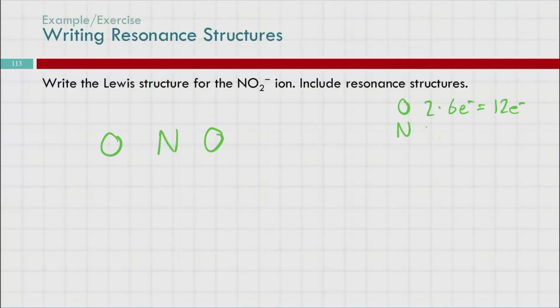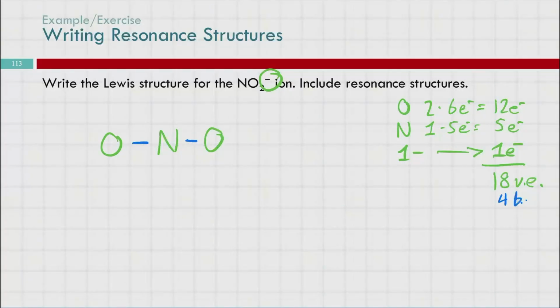We've got a nitrogen, 5 electrons, for a total of 5 electrons, and a 1 negative charge for an extra electron. This gives us 18 valence electrons. To get the whole thing connected, we need 2 bonds. That's 4 electrons, which leaves us with 14 remaining electrons to place.